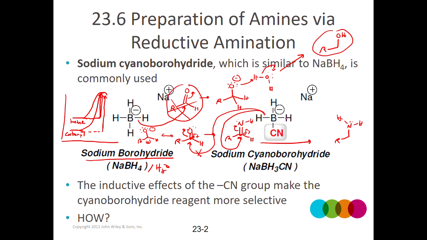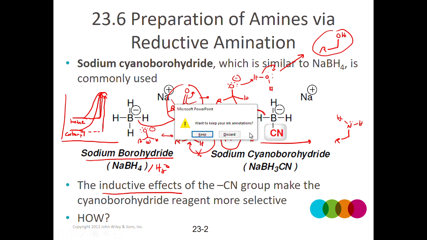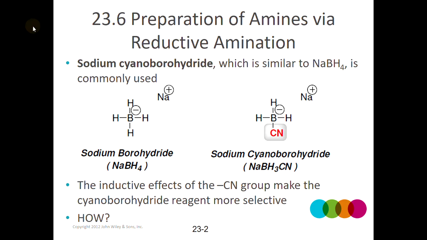So the feature that this molecule has that's different from sodium borohydride is the cyano group. And when we look at the cyano group, we recognize that it is an electron withdrawing group through induction. And so let's just draw that out. If we look at that structure, there's a CN triple bond in the cyano group.